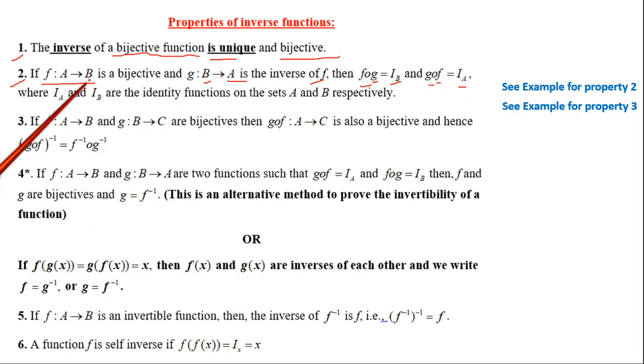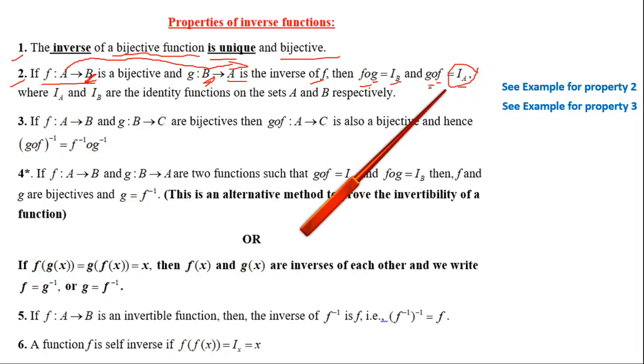So here the codomain of f and the domain of g are the same. Yes, so we will have f composite g from A to A. That's why, and that f composite g happens to be an identity element if f and g are inverses of each other.